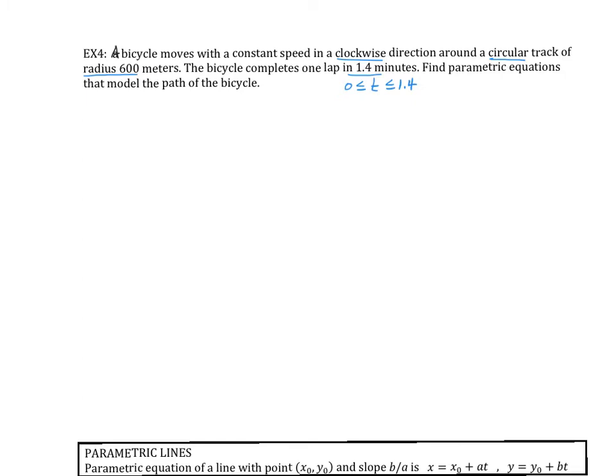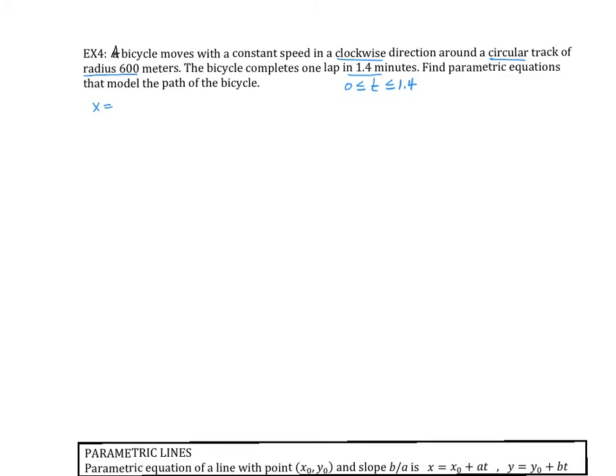Since I'm going clockwise, I have a variety of things I could do. I can keep my x as cosine and my y as sine and have a negative in the argument. Or I can change the sine and the cosine, and I think that's what I'm going to do. I'm going to let my x be sine instead of cosine.